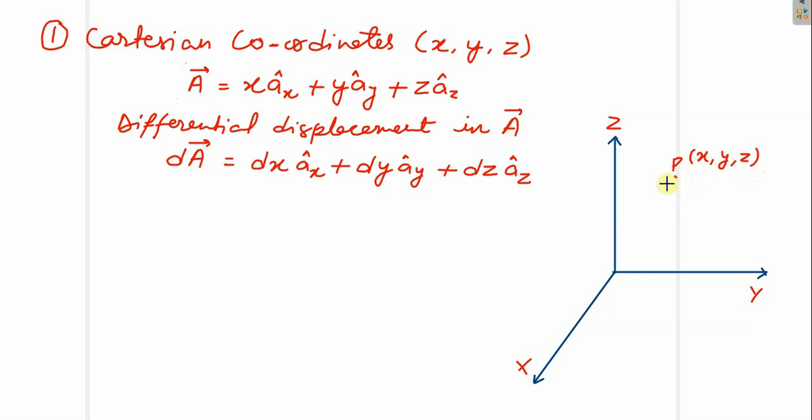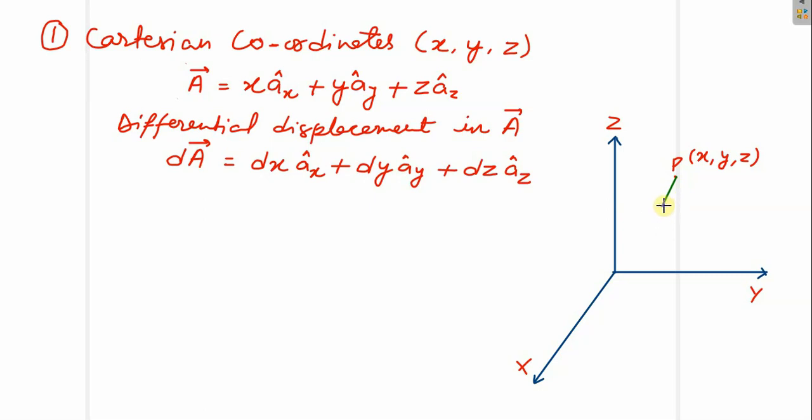Anything parallel to the x-axis will be the displacement along x.